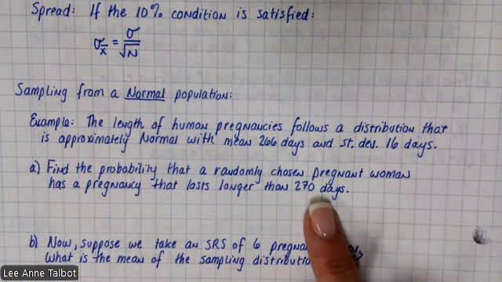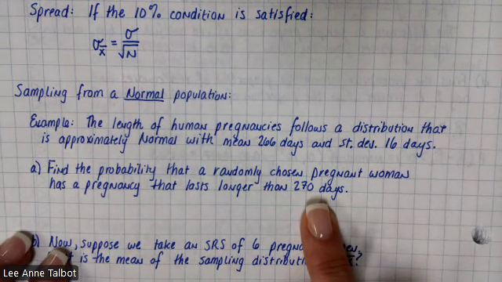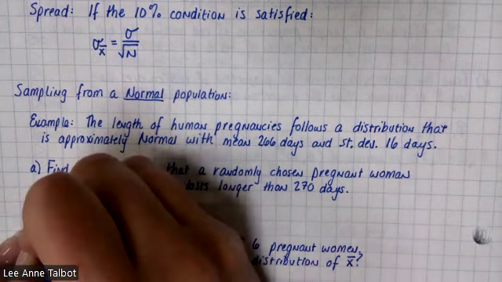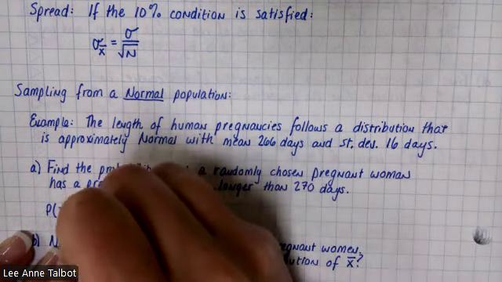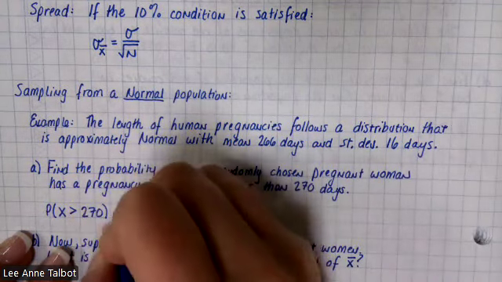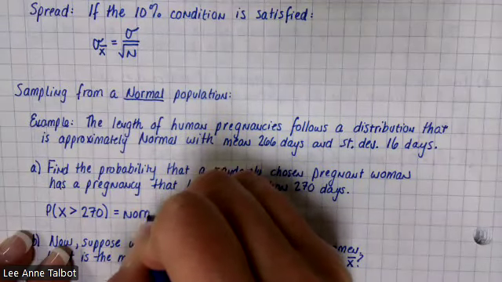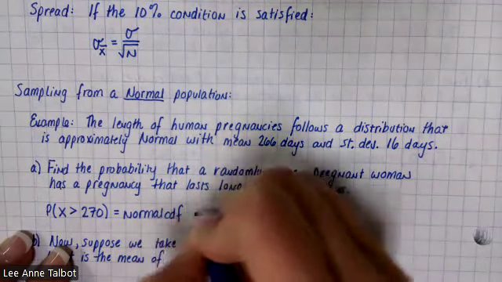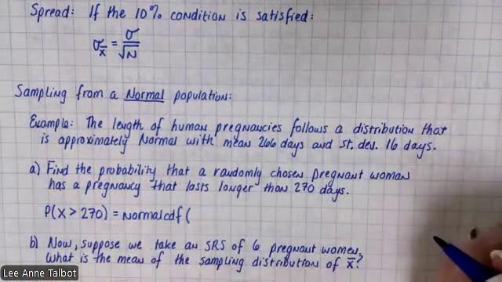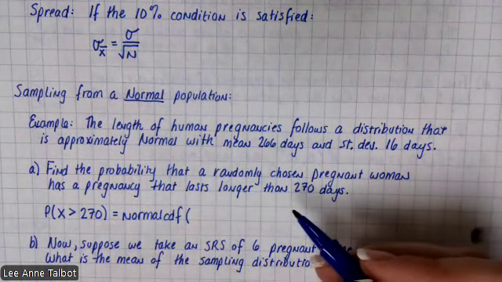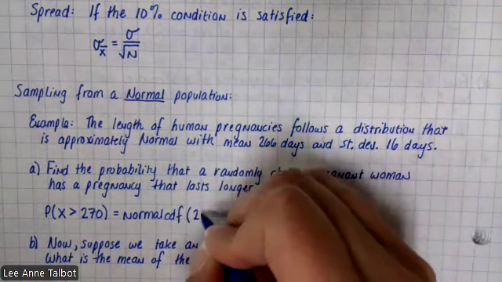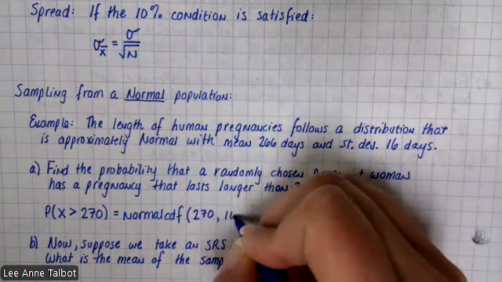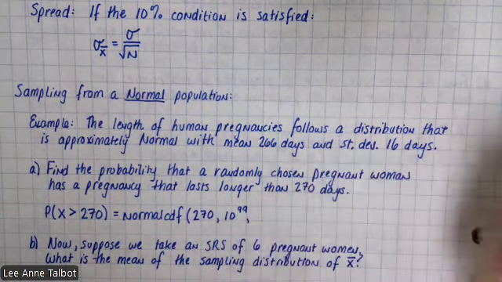This is actually a chapter 2 question, not a chapter 7 question. So we're going to say probability X is greater than 270 equals normal CDF. Okay, now longer than 270. What's the low then? 270. High is 10 to the 99.